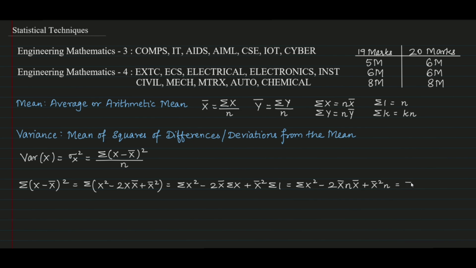So this is nothing but summation of x square minus 2n times x bar square plus n x bar square. If we simplify this, we simply get summation of x square minus n x bar square the whole upon n. It is not mandatory for us to know the proofs. If you just know the formula, it is more than sufficient.